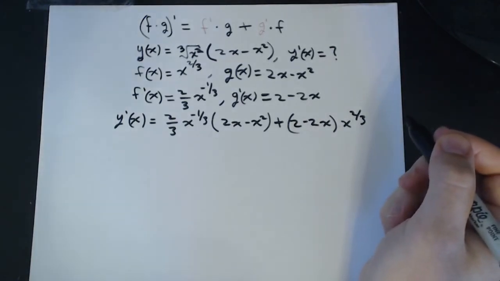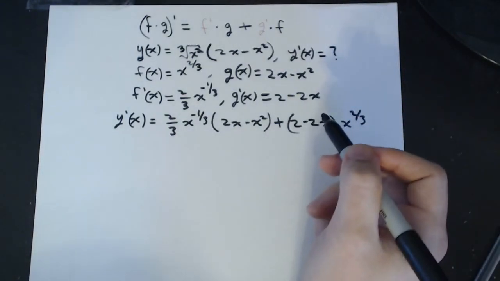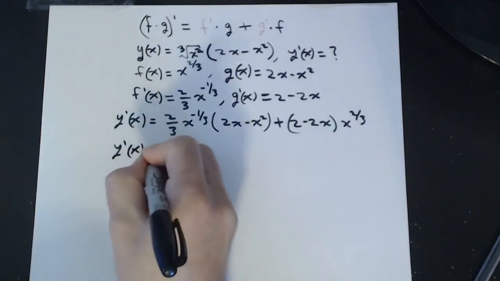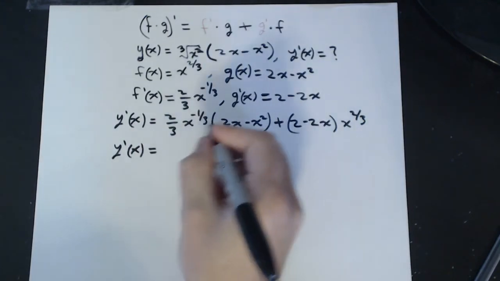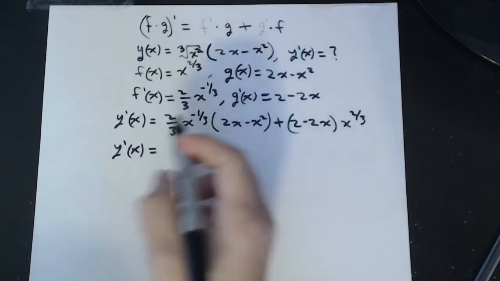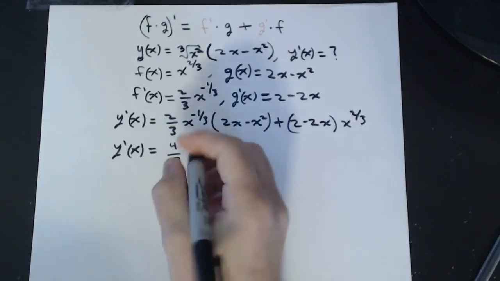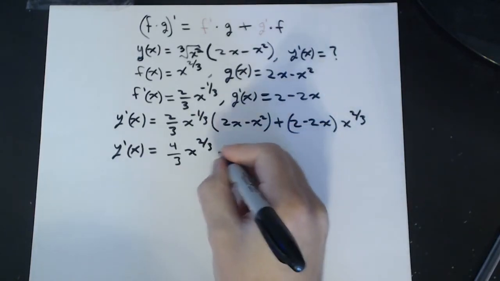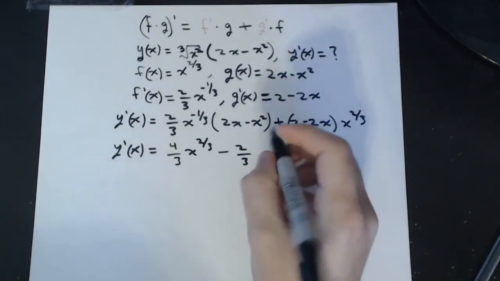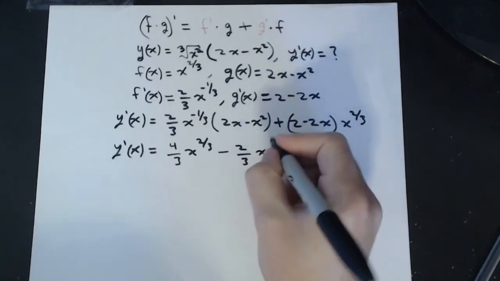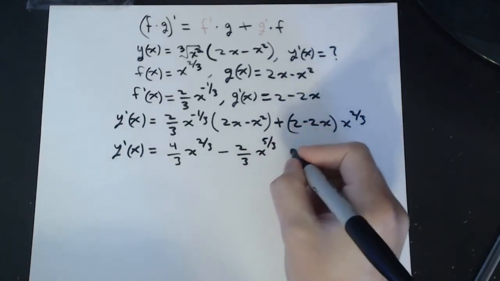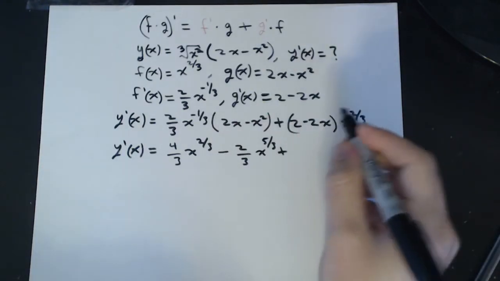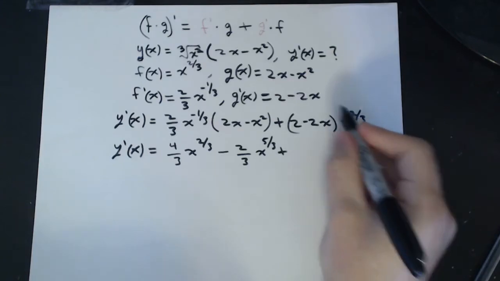So now we have an expression for y prime of x, but you probably want to distribute this through and simplify a little bit more, so I'll do that. Here we're going to distribute this through, and this distribution is going to give you 4/3 x to the 2/3 minus 2/3 x to the 5/3 plus, so now this distribution's done, so we go over to this side of the plus sign, then we have to do this distribution.